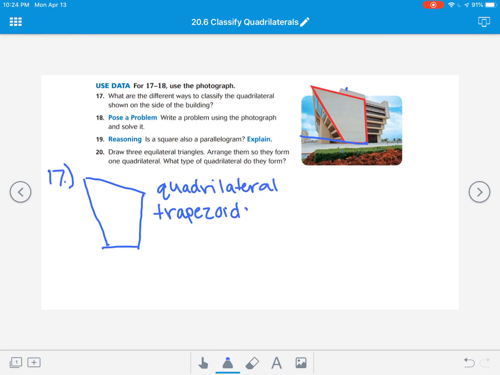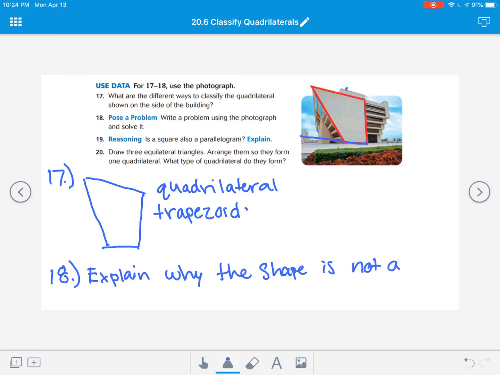All right, number 18 says to write a problem using the photograph and solve it. You could do lots of different things for this, but one problem I have as an idea is to explain why the shape is not a parallelogram. So I wrote the question.